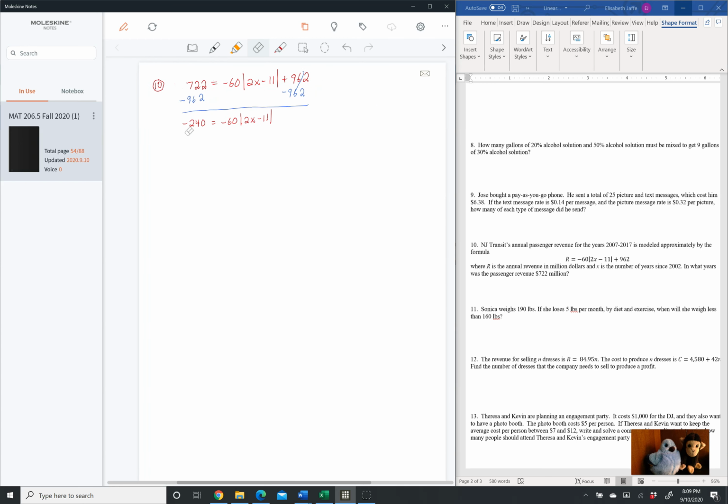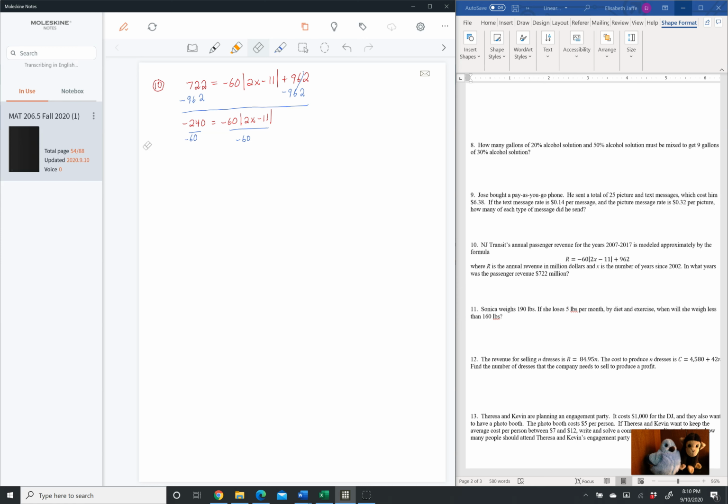Then we divide both sides by negative 60, which makes sense because remember, an absolute value cannot equal something negative. So we get 240 divided by 60.